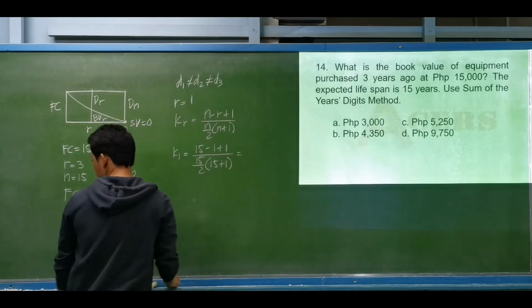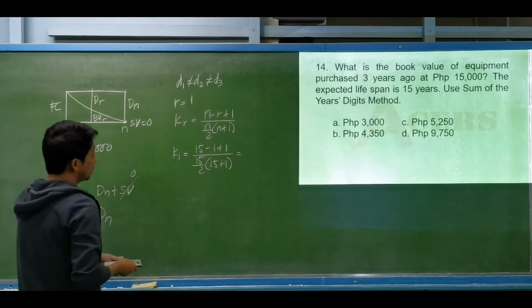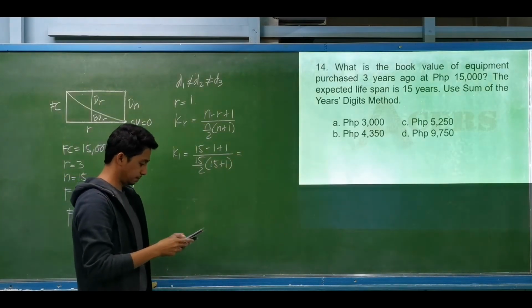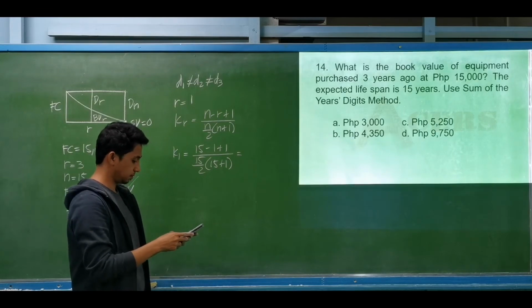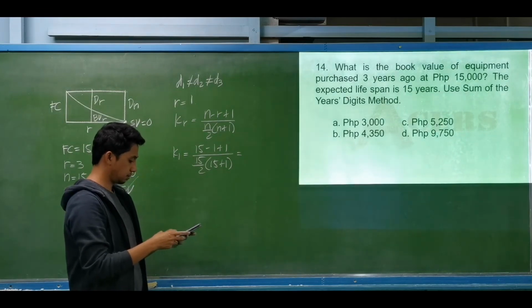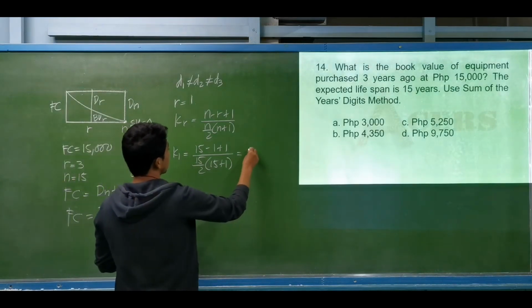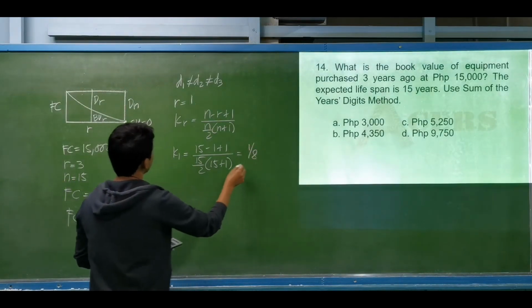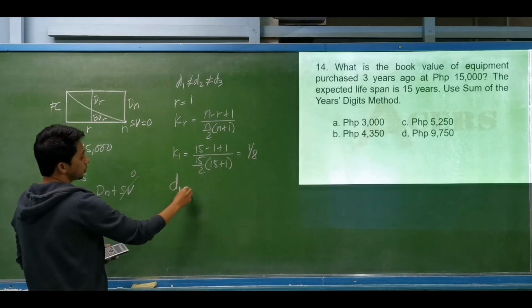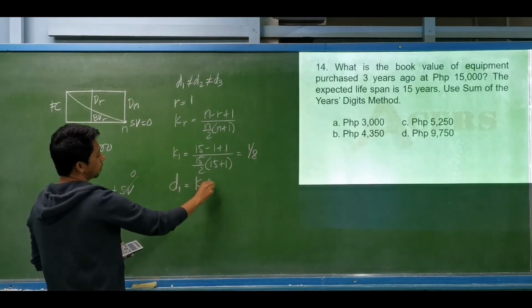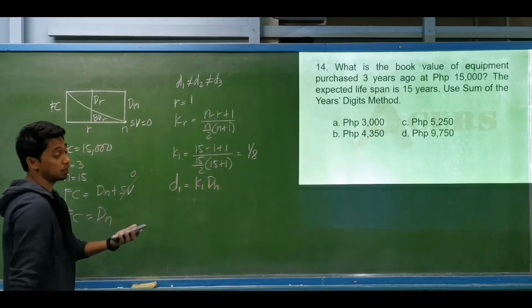So what is our k sub 1? The k sub 1 is basically equal to 1 over 8. If you are computing the depreciation on the first year, that is equal to k sub 1 multiplied by d sub n.